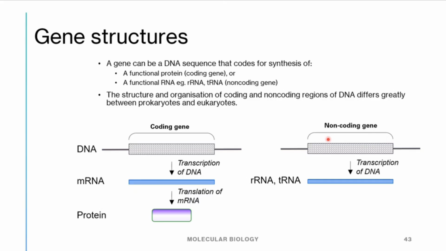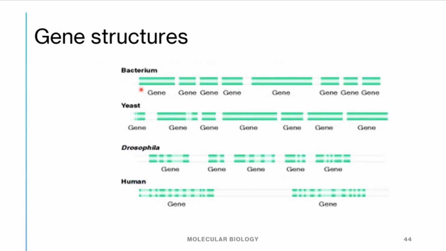The structure and organization of coding and non-coding regions of DNA are very different between prokaryotic cells and eukaryotic cells. So for bacteria, you have genes which are actually quite close to each other, with non-coding regions being very short. Okay, and then we have yeast, Drosophila, and human, these are all eukaryotes.